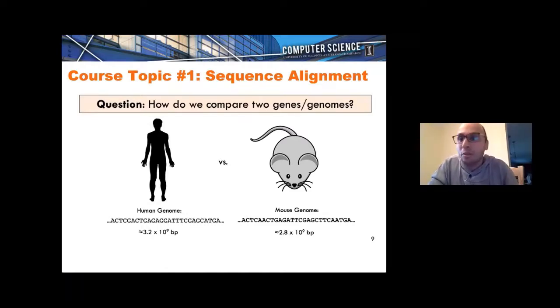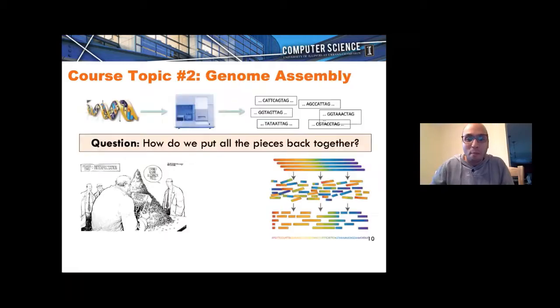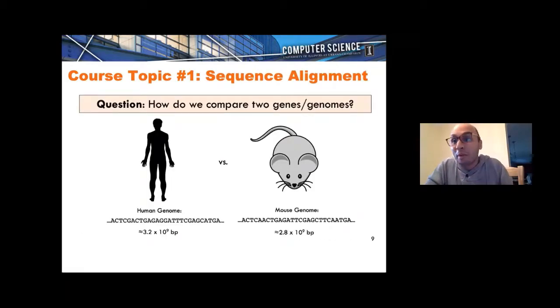The human genome is 3.2 billion letters long, and the mouse genome is 2.8 billion. You want to be able to somehow compare these two different sequences. And when I say compare, you want to identify which pieces are similar and which pieces are different. This is actually a string comparison that you want to do.